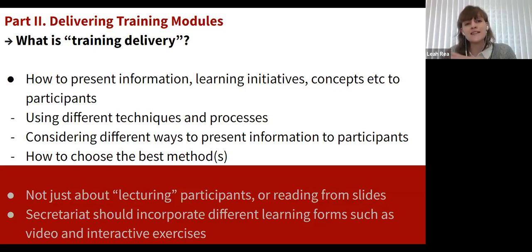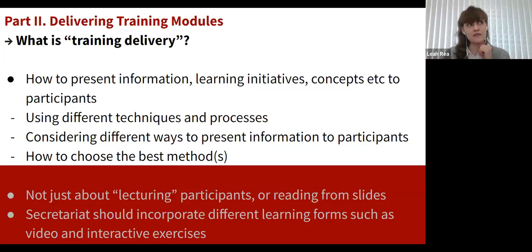So for me, training delivery is a much more appropriate term for that reason, but also because we're thinking about how we are presenting the information participants need to know and the key initiatives and concepts that they need to know. And therefore, for me, it's about the Secretariat realising that they can utilise different learning techniques and processes in delivering the information within the training programme.